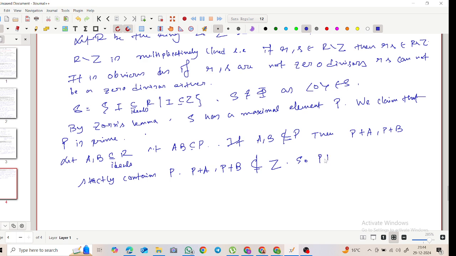So P plus A and P plus B intersect R minus Z, right?